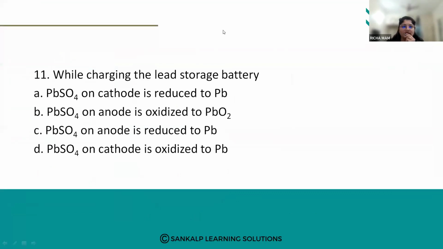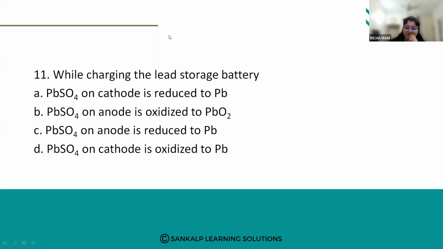The 11th question is: while charging the lead storage battery, A, PbSO4 on the cathode is reduced to Pb; B, PbSO4 on anode is oxidized to PbO2; C, PbSO4 on anode is reduced to Pb; and D, PbSO4 on cathode is oxidized to Pb.